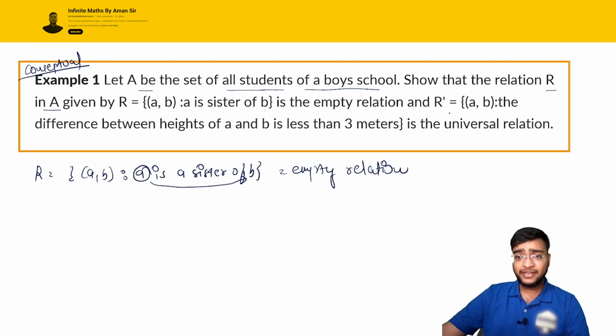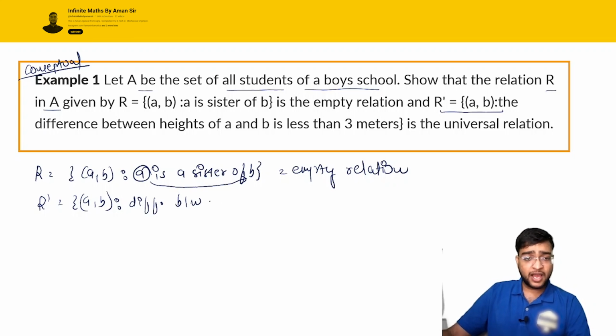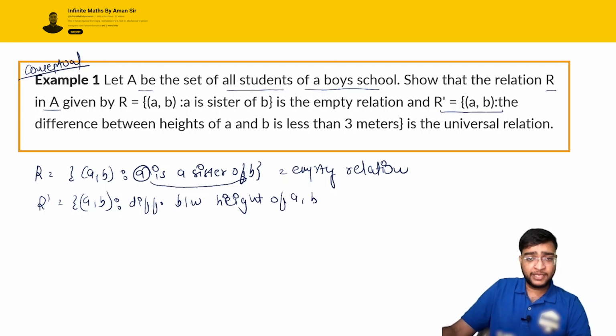Let's say R dash. For R dash, the relation is the difference between the students' heights. The difference between the heights of the students A and B is less than 3 meters.